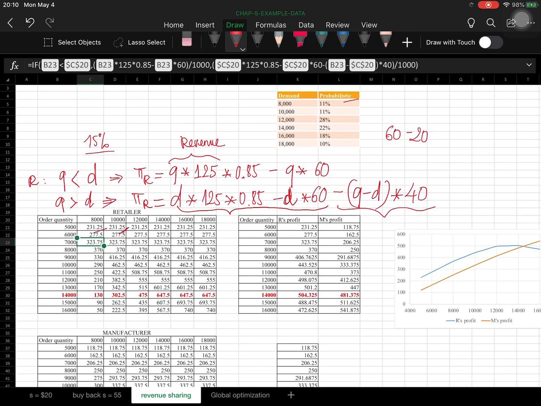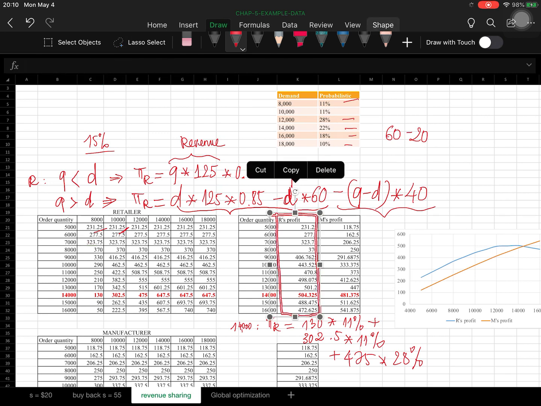So here let me write, for example, for 14,000, the profit of the retailer will equal 130 multiplied by 11% plus 302.5 multiplied by 11% plus 475 multiplied by 28%. So we use those probabilities, so we can get the retailer's average profit.